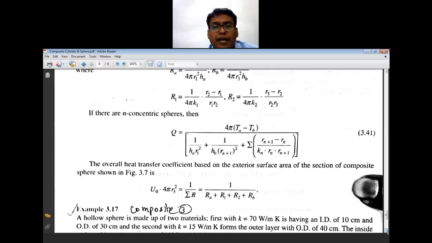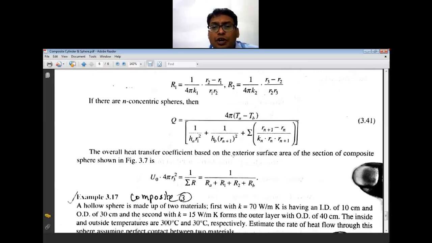And if it is for n number of layers, we can write the generalized formula, that is the summation of Rn plus 1 minus Rn upon Kn into Rn plus 1. This is the generalized formula for the sphere.